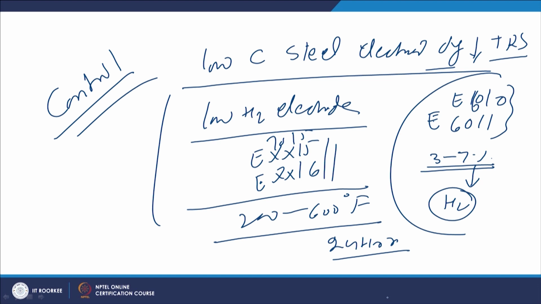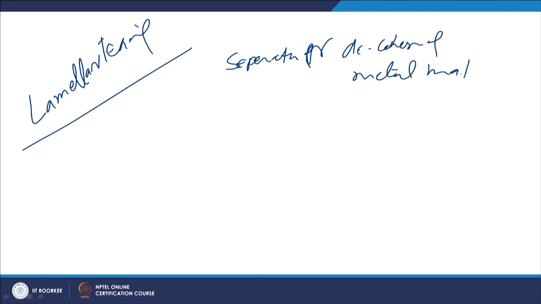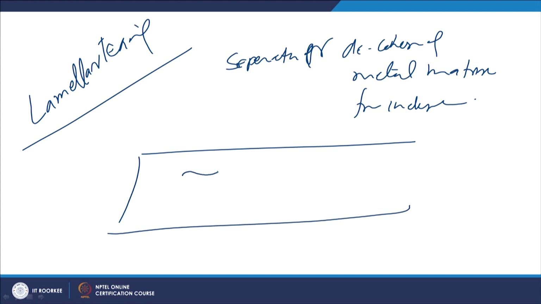Another problem which is commonly observed during the welding of carbon and alloy steel is lamellar tearing. Lamellar tearing is basically the separation or decohesion of the metal matrix from inclusions. So, like a steel having inclusions like this.